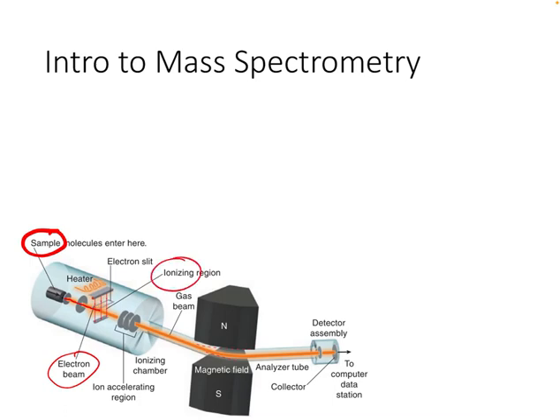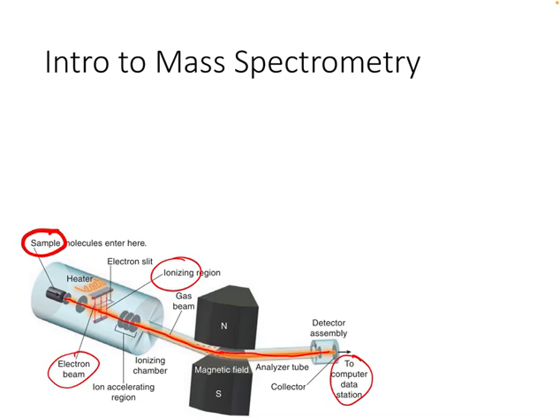So this is called the ionizing region. Then the ions are accelerated through a magnet, and depending on the ion's mass and charge, it will be deflected and hit a detector. And then once your sample has run through the system, a computer will convert the detector's data into a mass spectrum.